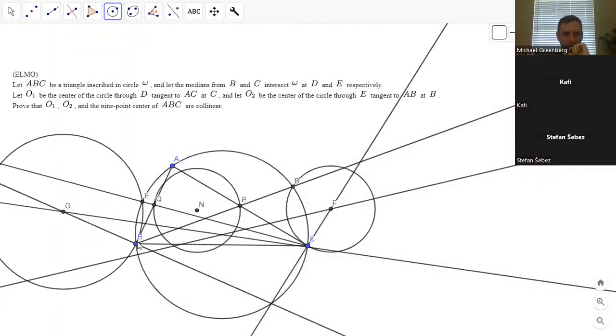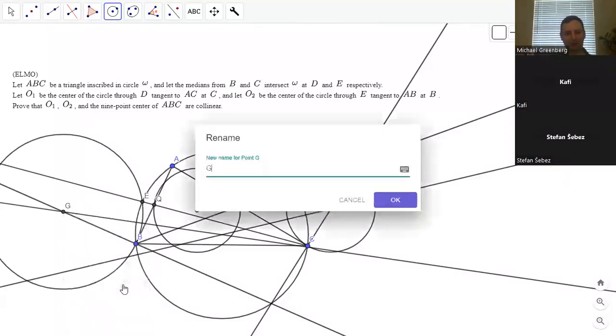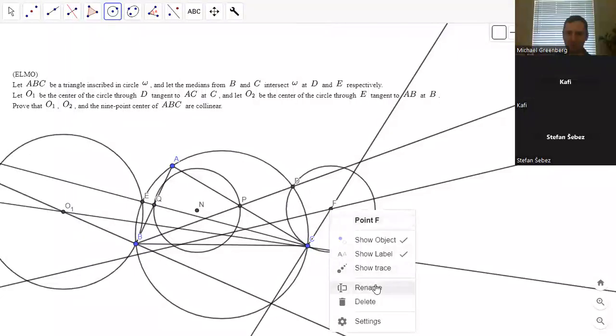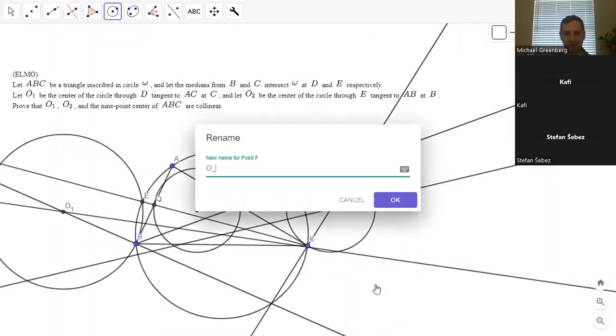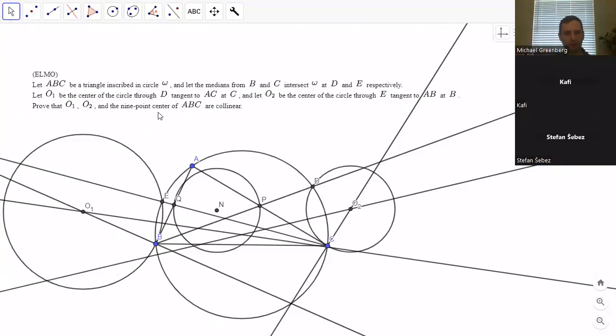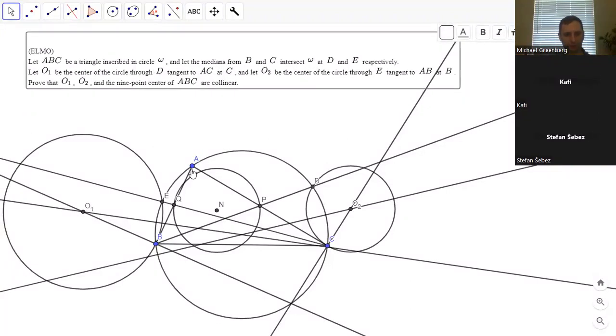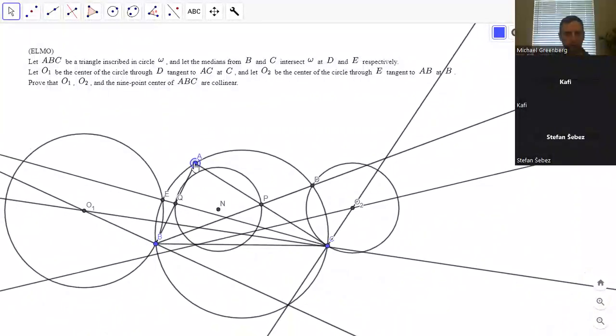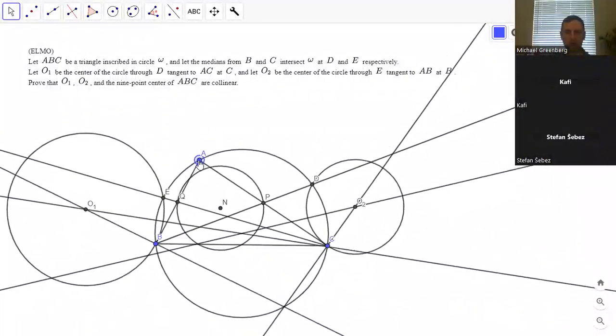And oh, I think I remember this problem. I forgot the solution though. Do you remember this problem? No. I think on AoPS I posted a solution, but I forgot what it was. So we want to show O1... I think N is the midpoint of O1O2, and there's some parallelogram.